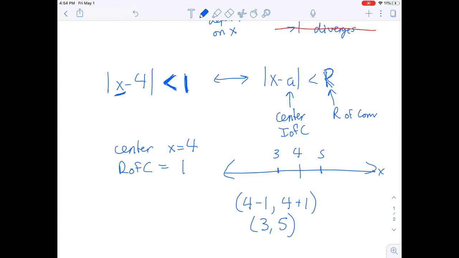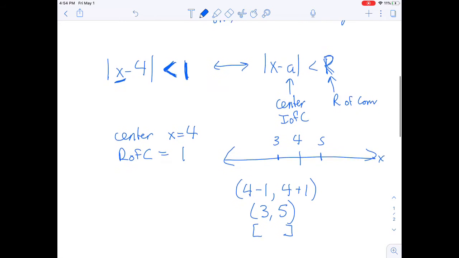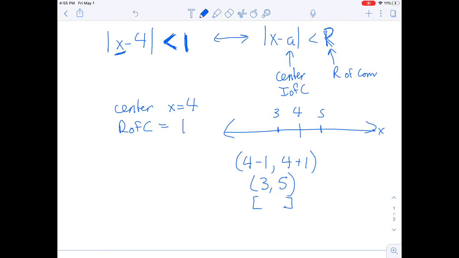And the issue is, what if I had made it equal to 1, right? Can I make this closed brackets here? Well, I don't know because the ratio test is inconclusive at 1. And so that's why I go in and test the endpoints, x equals 3, x equals 5, and see if the series converges when you plug in 3 and 5.